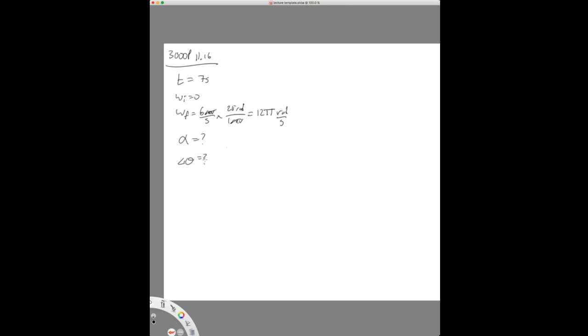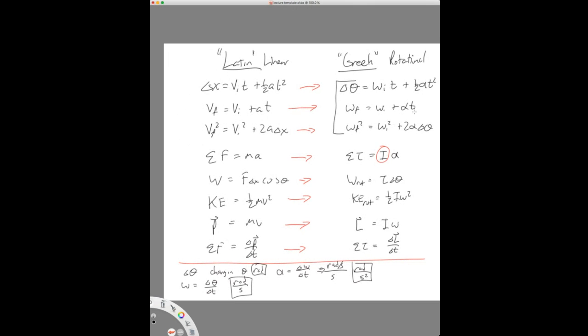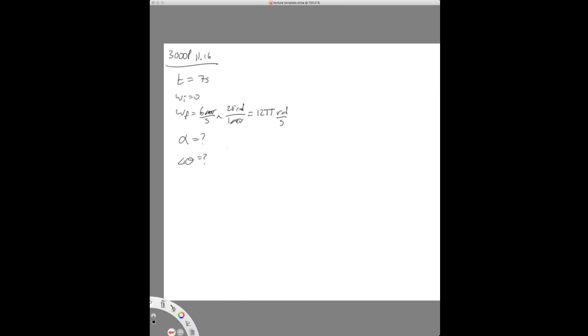Okay, so looking at what we have: time, omega initial, omega final, and alpha. That looks perfect for our second of the 3 rotational master equations. So we're going to have omega final equals omega initial plus alpha t. And we can cross out omega initial. And alpha is just omega final over t.